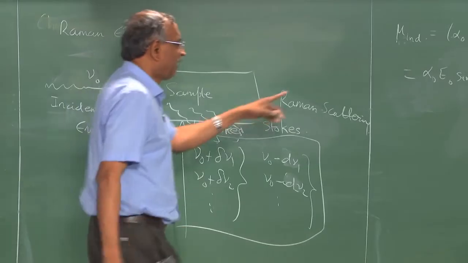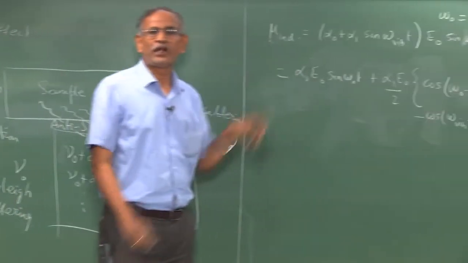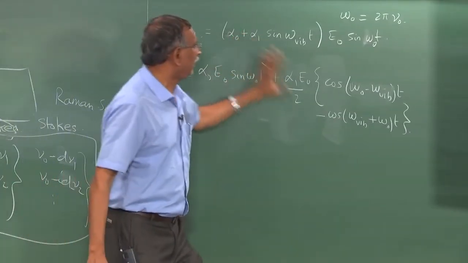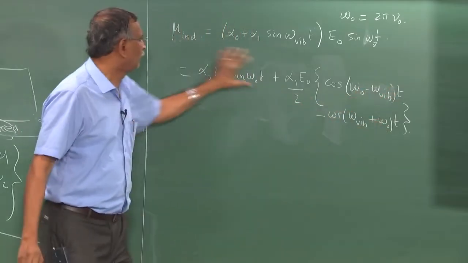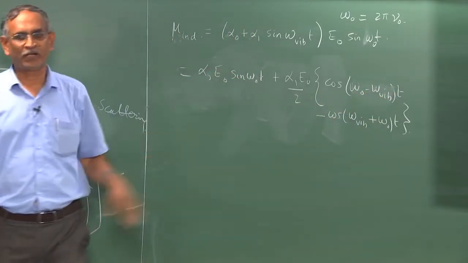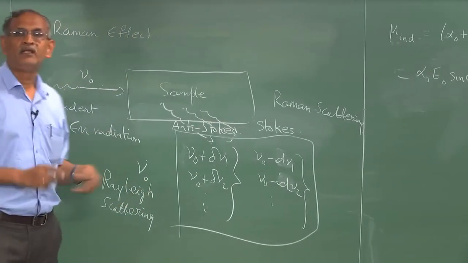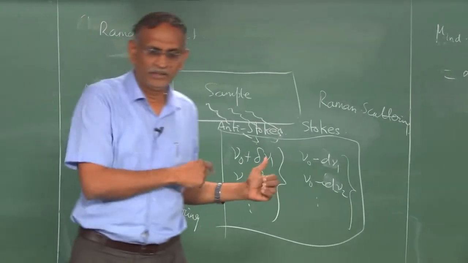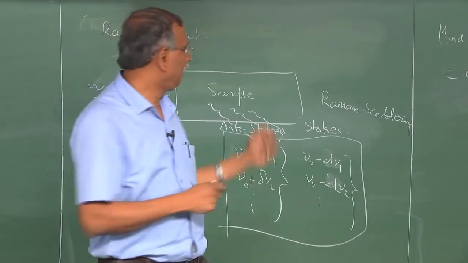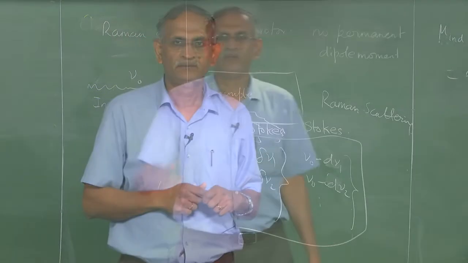So since there is an induced dipole moment even in the absence of vibration, now there is a spectrum that one can see, and that spectrum can be seen in the Raman lines in the next step. Okay.